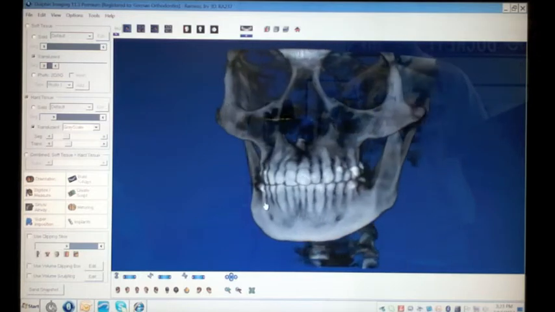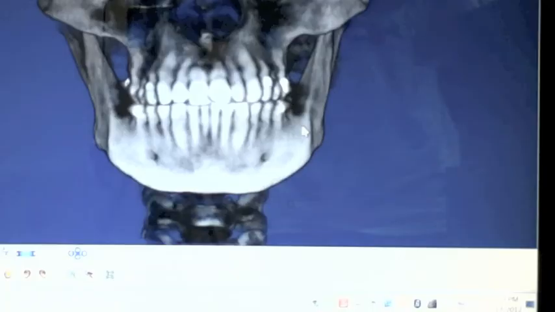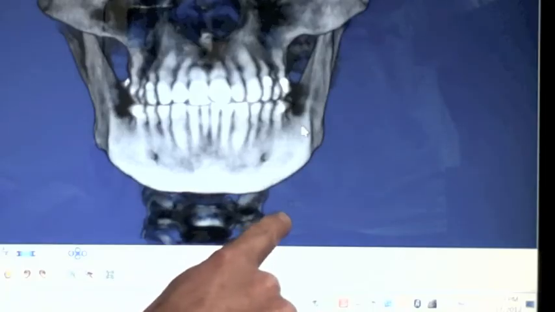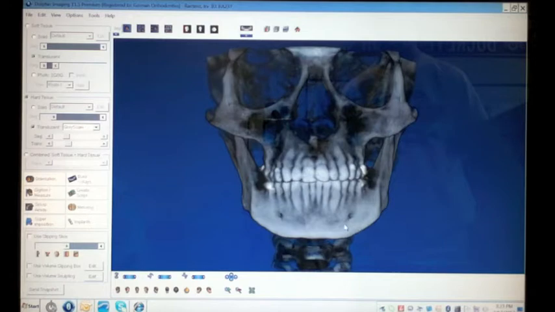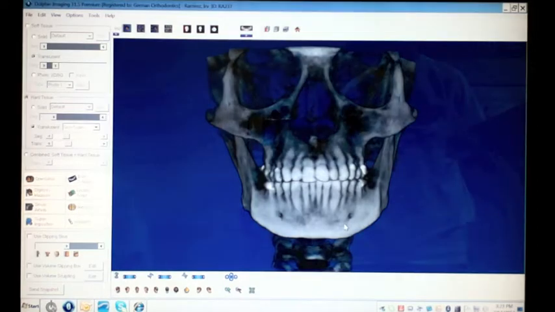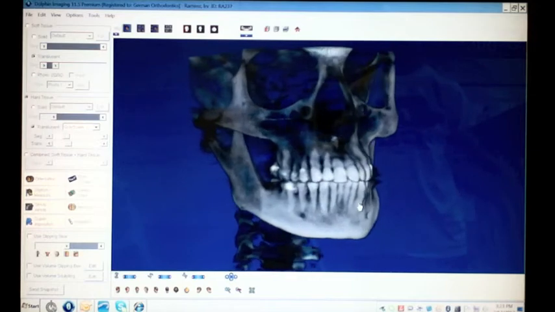One of the incidental findings that we see in this picture is right here, where there is a calcification in the neck. We see this frequently in our mature patients. Could be a number of different things, including calcifications with the tonsils, and could also be some calcifications within carotid arteries. This is the type of thing that needs to be evaluated by an oral and maxillofacial radiologist or a medical doctor.